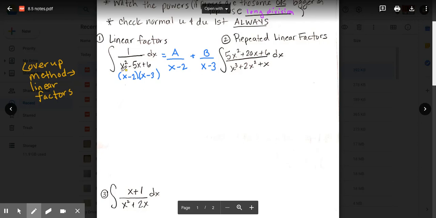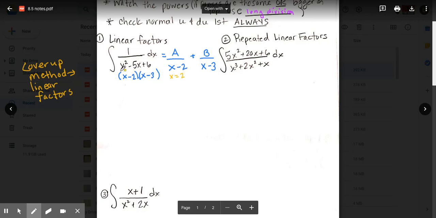So basically, if you want to find out what A is, you ask yourself what x value makes the denominator of A's fraction go to 0? That would be x equals 2. If I plug in 2 here, it would make the denominator go to 0.